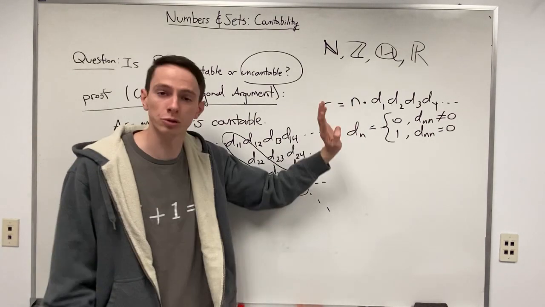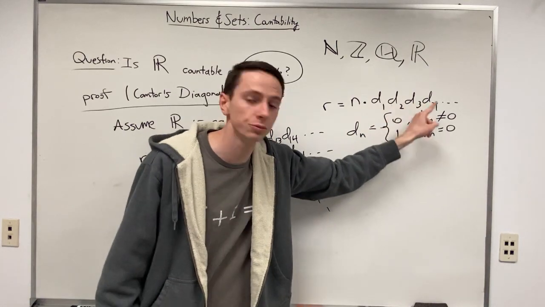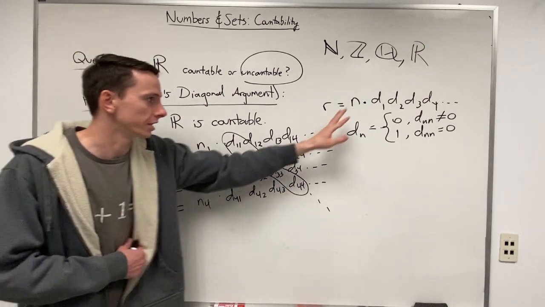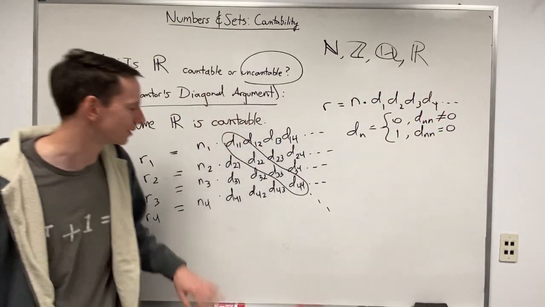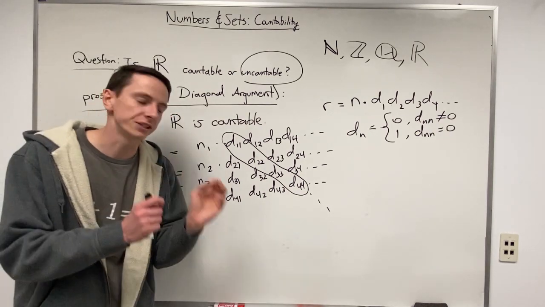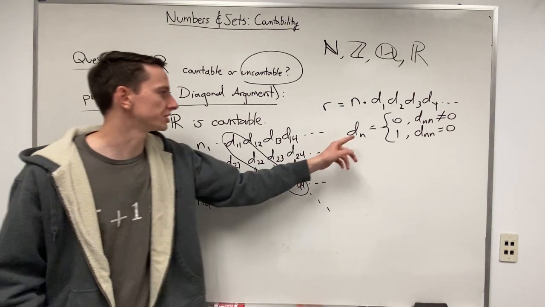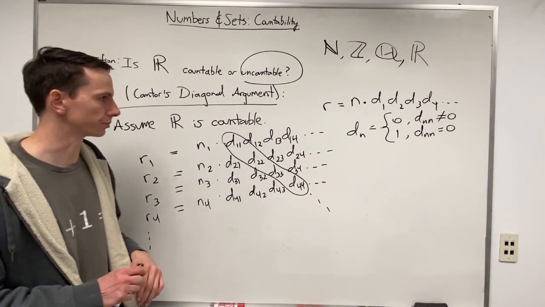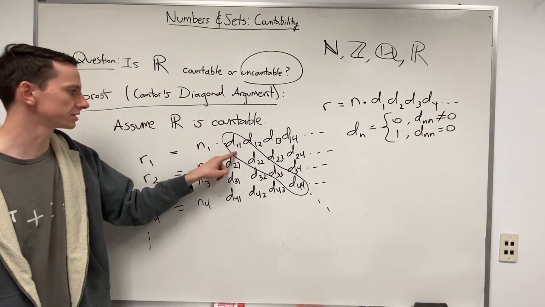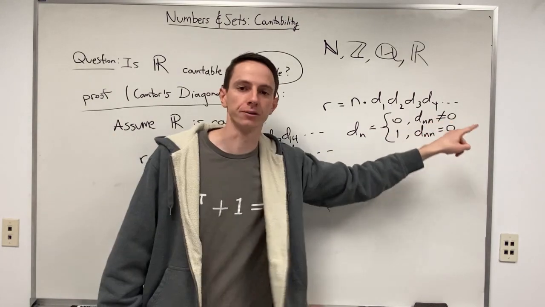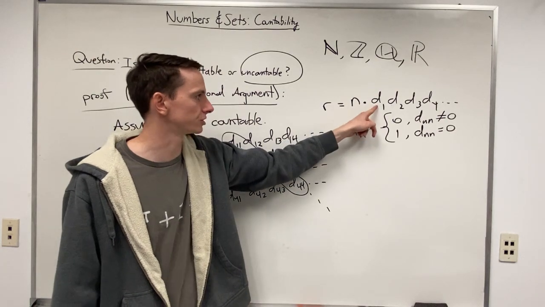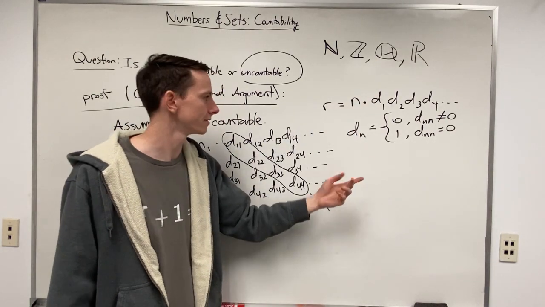So the value of these digits right here depends on the value of these circled digits right here. And they are specifically set up so that, let's just set n to be 1, so we have a concrete example. If d sub 1,1, meaning this digit right here, is not 0, so it's 1, 2, 3, 4, 5, 6, 7, 8, 9, then we're going to explicitly set this first digit to equal 0.